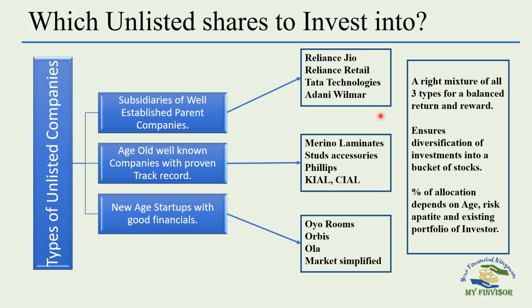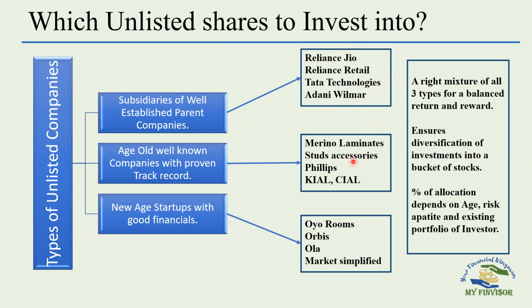So now which one to invest into? Of course, I don't say you just have to invest into one thing. Have a right mixture in your portfolio allocation, some 30% into these well-known subsidiaries, because they are very less risky, and they can also give lesser rewards because these are already in demand.